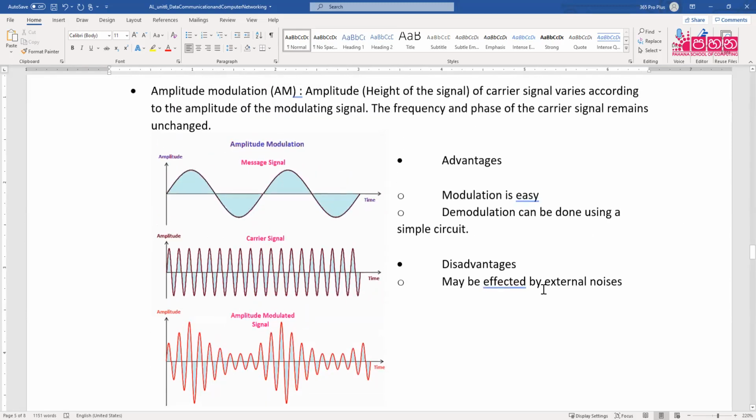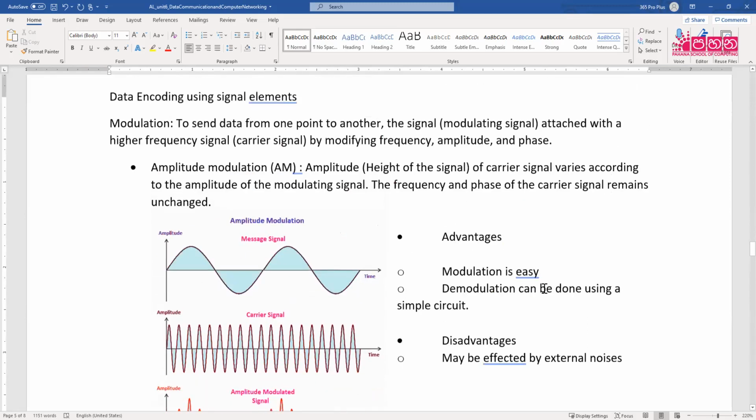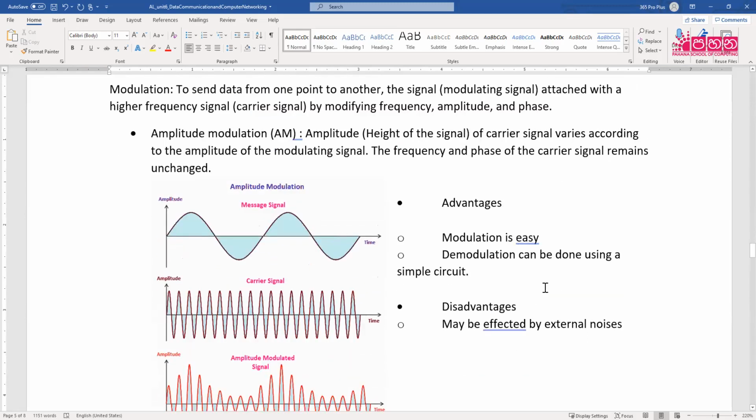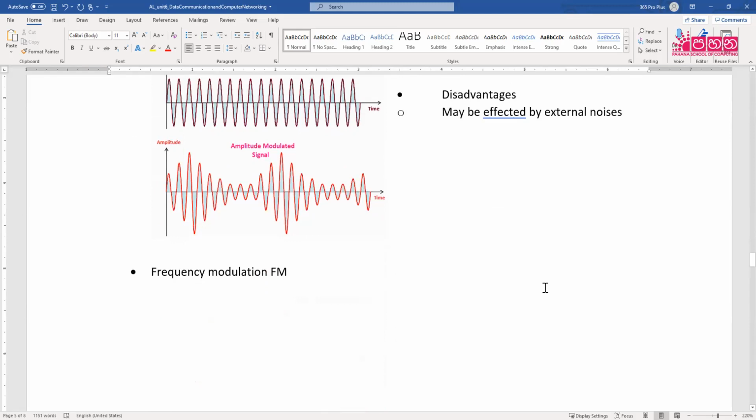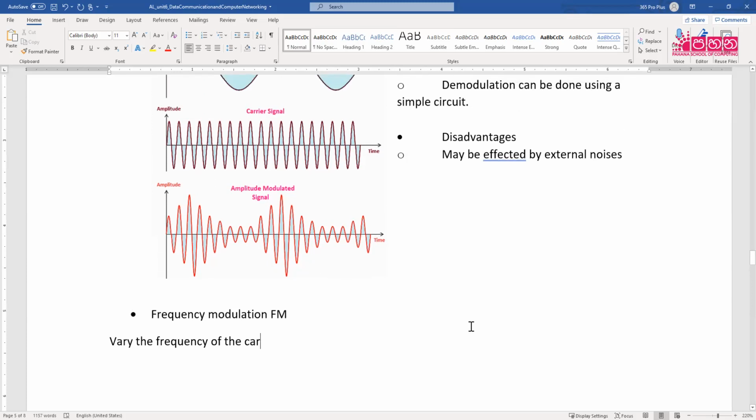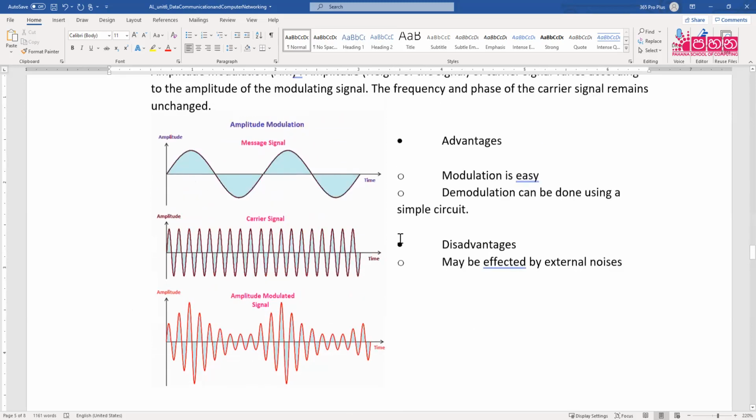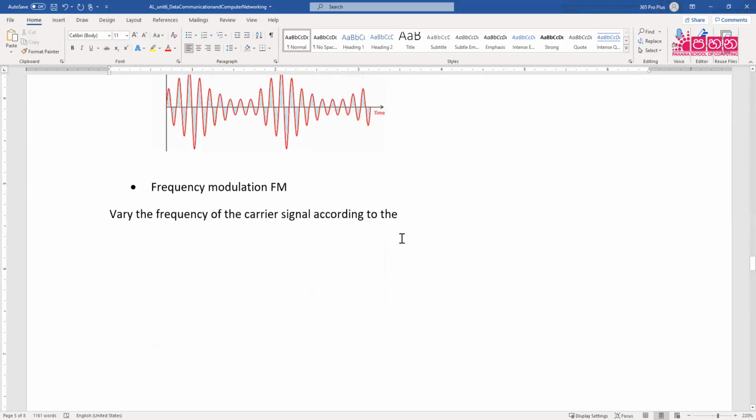Right. Let's write down. Vary the frequency of the carrier signal according to the modulating signal.